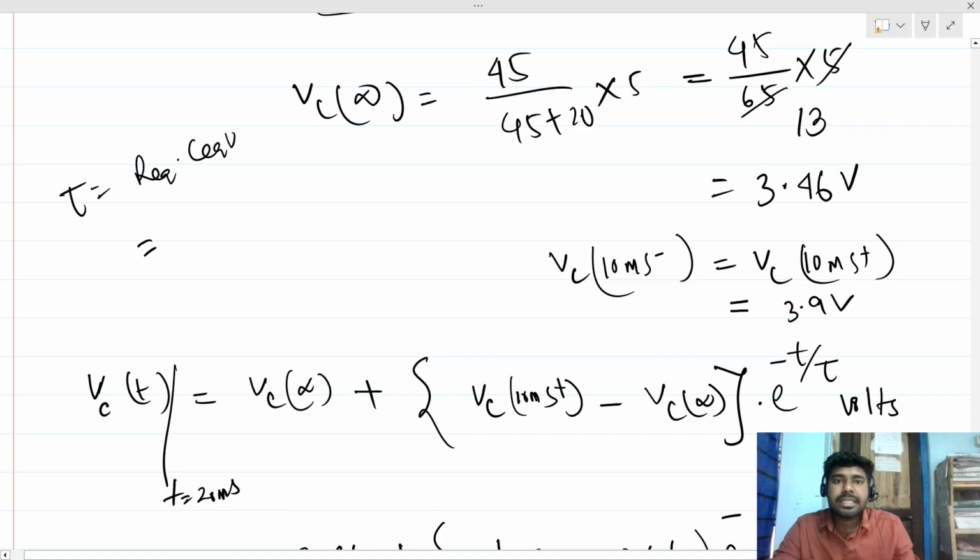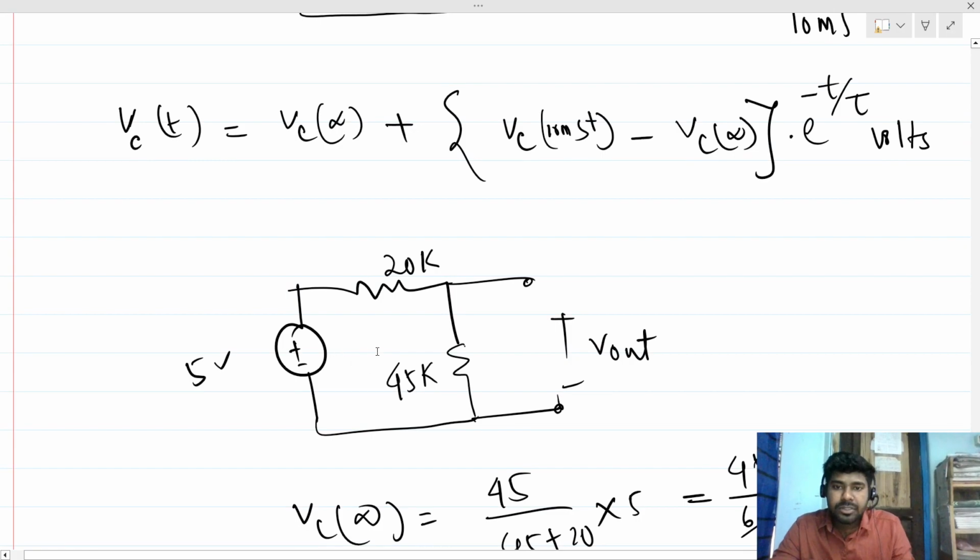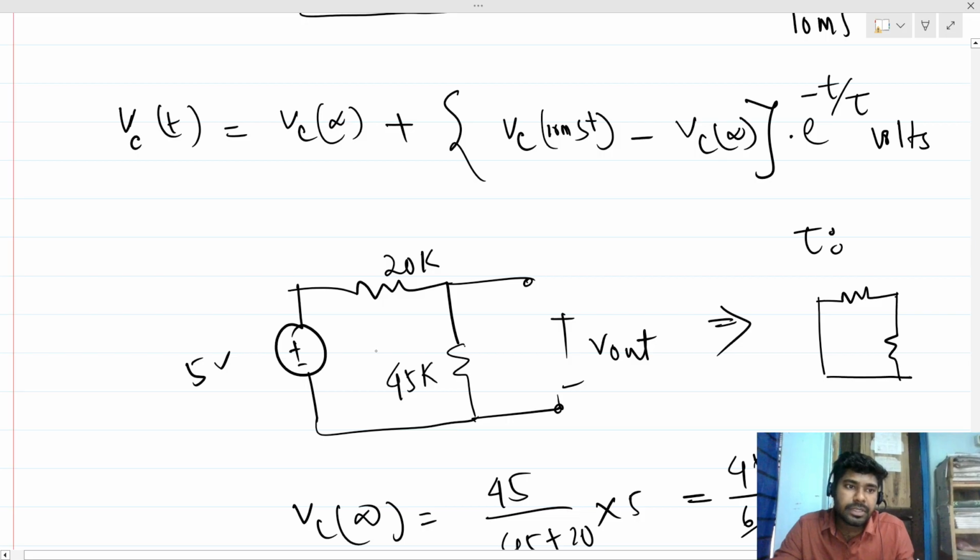For finding tau the voltage source is inactive, so the resistors come in parallel, and we have this cap. This is 20k, this is 45k, and this is 330 nanofarad.